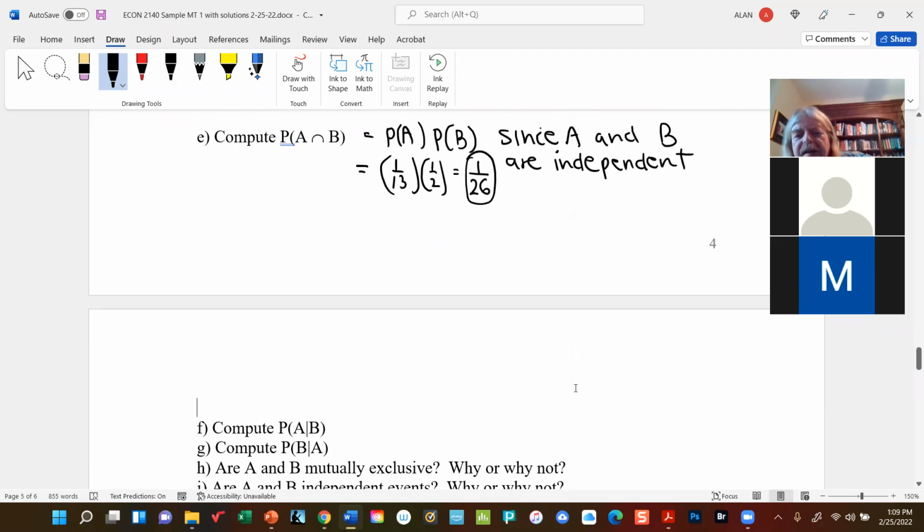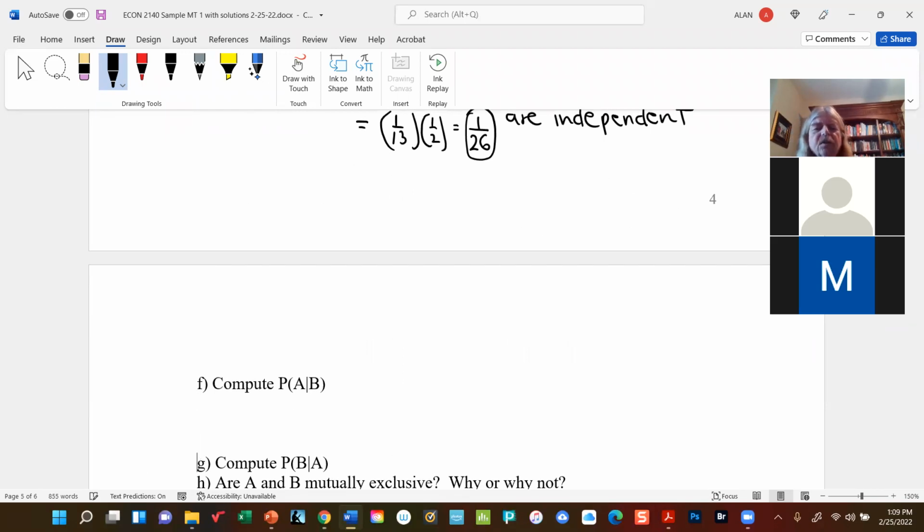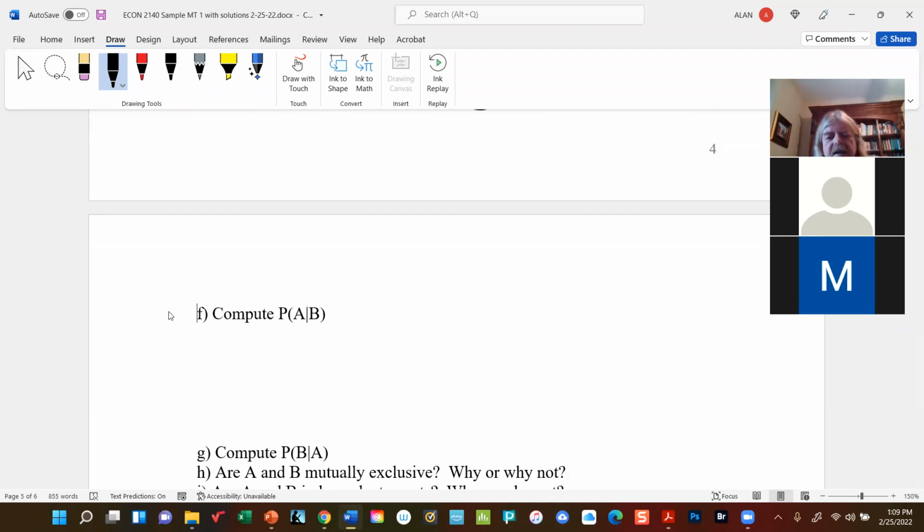Okay. Now, how about these? A given B and B given A. These are the so-called conditional probabilities. And here, what we need to do is write out the definition. And then we should already have these probabilities from earlier.